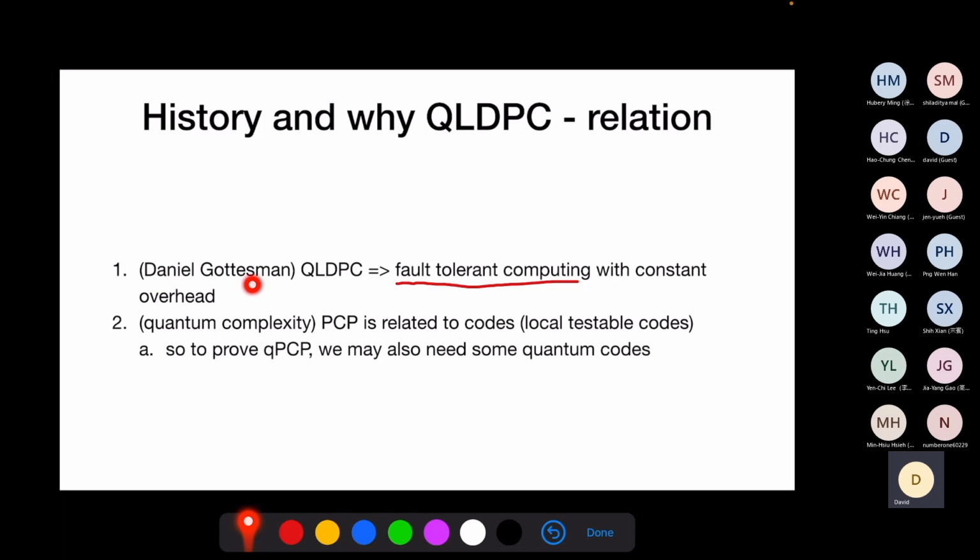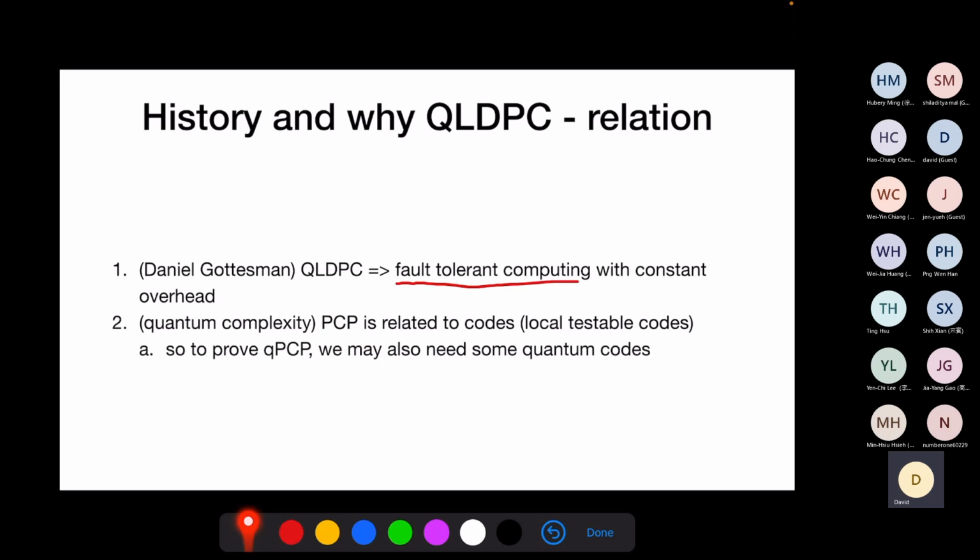And what Daniel Gottesman was able to show is that once you have this quantum LDPC code, you can build fault-tolerant computing with constant overhead. Another motivation is in classical complexity theory, there are these PCP theorems, probabilistic checkable proofs.